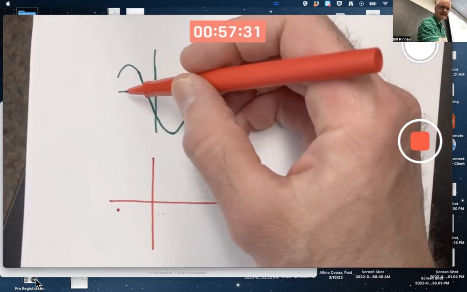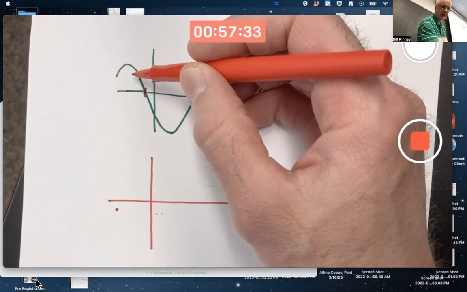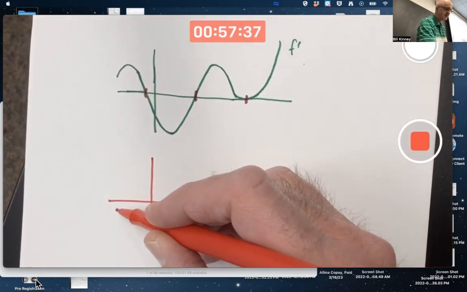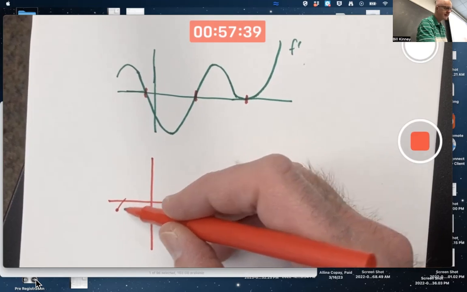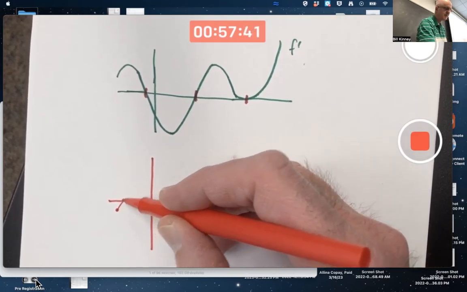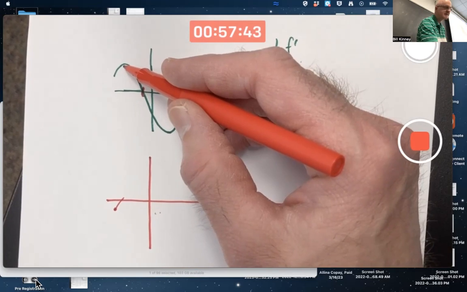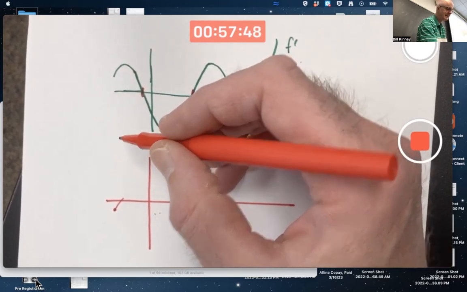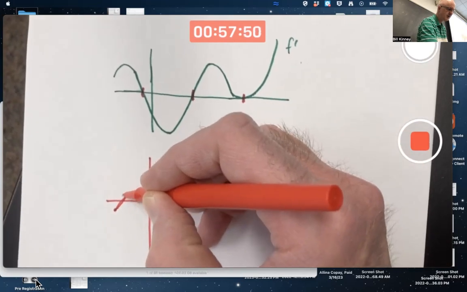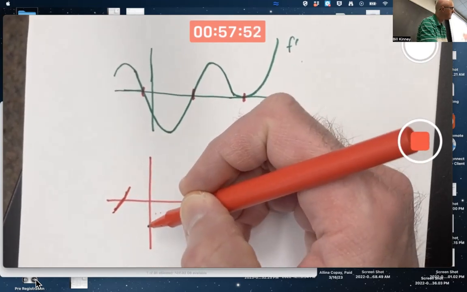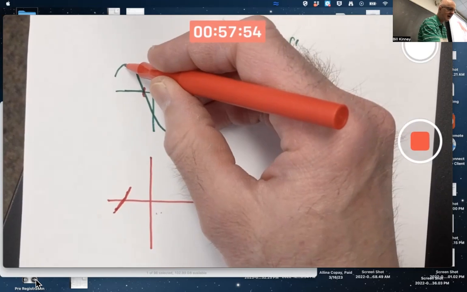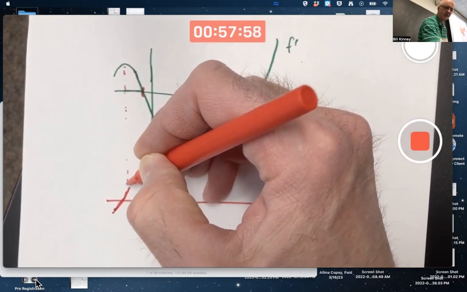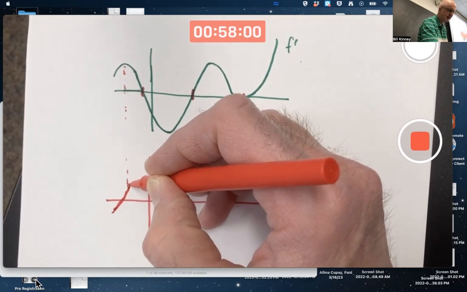When x is in this range of values here, f prime is positive, so the original f is increasing. In fact, I didn't do a very good job there, because this graph is increasing, so the slope of the original f is increasing. I have to draw a concave up graph. Until f reaches a local max, there's an inflection point for f, and then it becomes concave down.